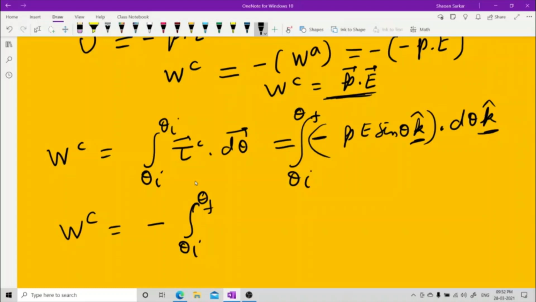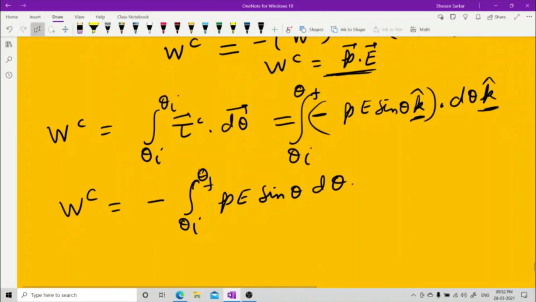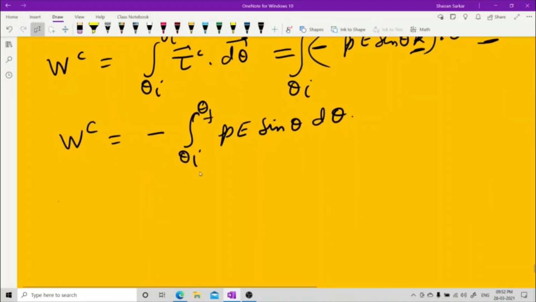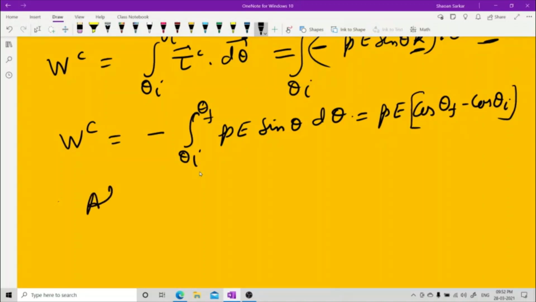Now integrate this, we get plus PE times cos theta final minus cos theta initial. As usual, theta initial is 90 and theta final is theta.